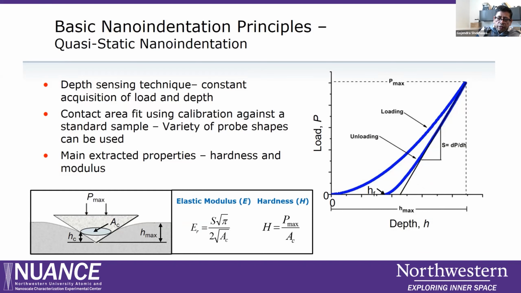Software algorithms within the system calculate the modulus and hardness, taking into consideration the tip area function. So you can get both the reduced modulus and the hardness, which is the peak load divided by the contact area. These are the basic fundamental principles.